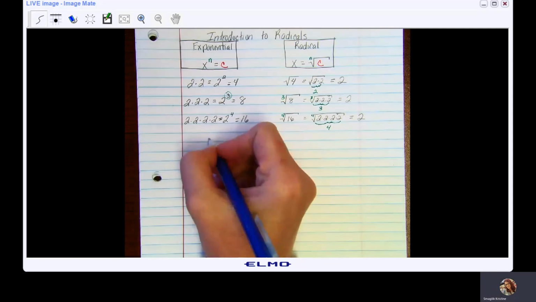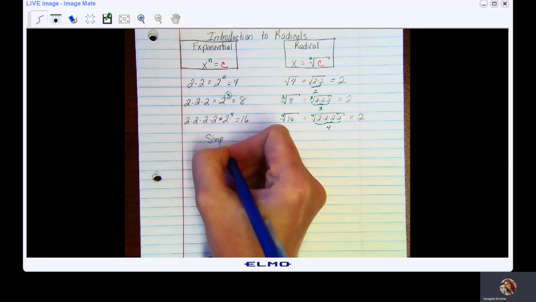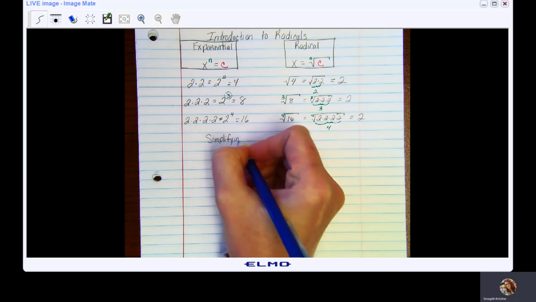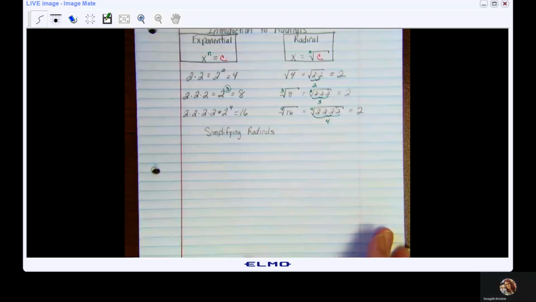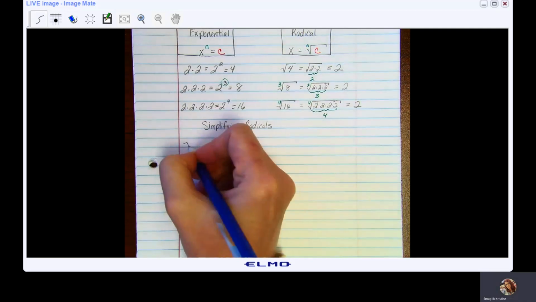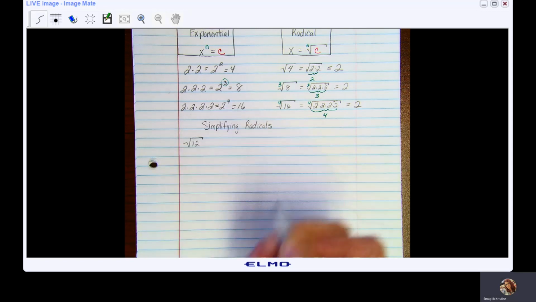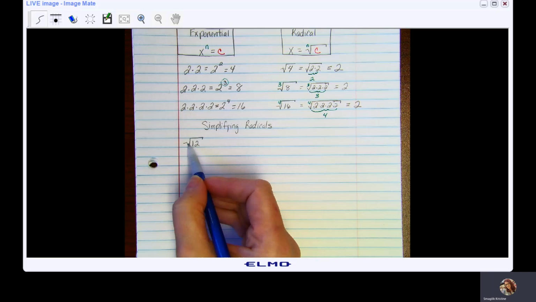Let's simplify some. Simplifying radicals. Say I give you the square root of 12. So my index is 2. That's understood if you don't see one here.